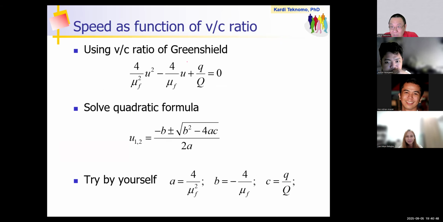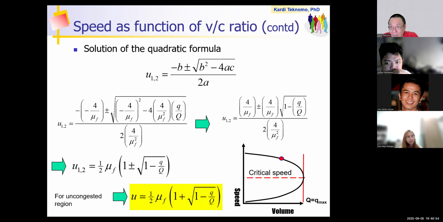Using the V/C ratio, I can solve that using the quadratic formula. And once you solve that, then I can get the actual speed, right? Because this is quadratic, you have a plus and minus.